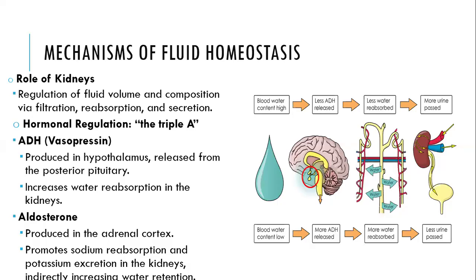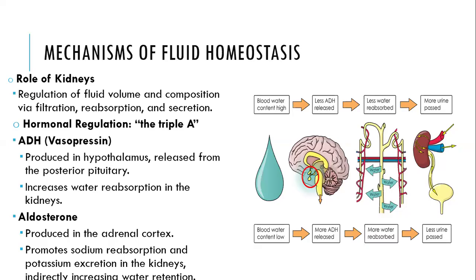If you look at the slides on the right side, when there's high body water content, less ADH is released, leading to less absorption of water, and the patient will have more urine. But when the body water content is low, you have to conserve water, and that is where there will be increased ADH release, where more water is absorbed into the body to conserve water homeostasis, and less urine is produced.